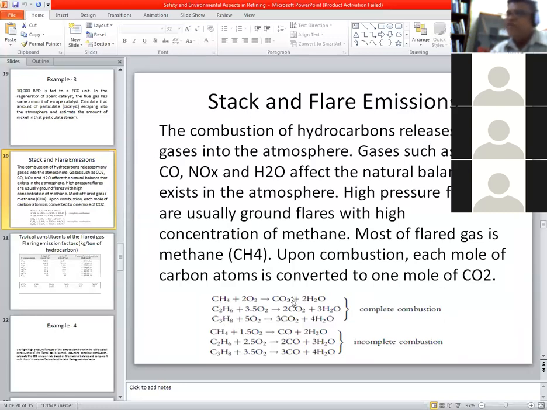Methane reacts with oxygen to produce carbon dioxide; likewise ethane and propane. Three hydrocarbons are shown here for complete combustion. And incomplete combustion is also shown. Normally, as you know, complete combustion produces carbon dioxide, and incomplete combustion produces carbon monoxide. Okay, so these are the equations.